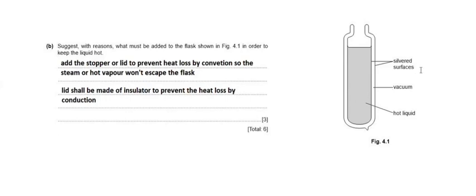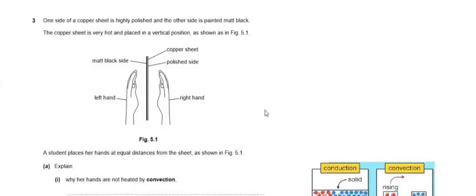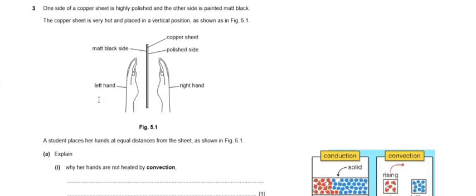Now we will see the last question, question number 3. One side of the copper sheet is highly polished and the other side is painted matte black. The copper sheet is very hot and placed in a vertical position as shown in the figure. The student places her hands at equal distances from the sheet.